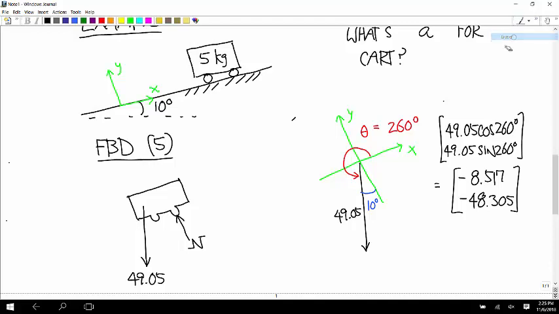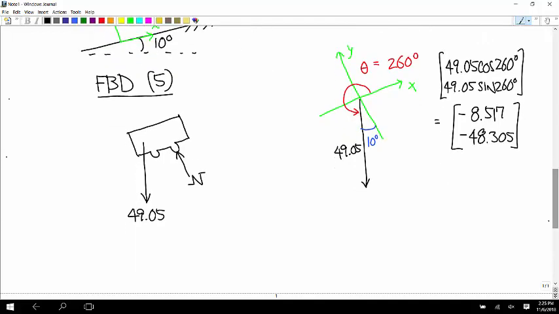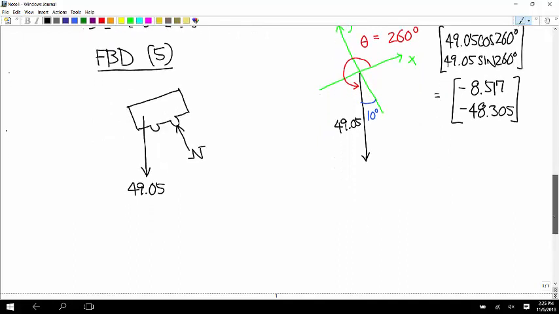Remember that the calculations we're doing with that weight force vector are identical to calculations that you did in the vector practice problems. So if you get confused about this stuff, you might want to look back at that and remind yourself. It's been a little while now, but that's what we're doing here. Okay, so now that we have that, we can go to Newton's second law.